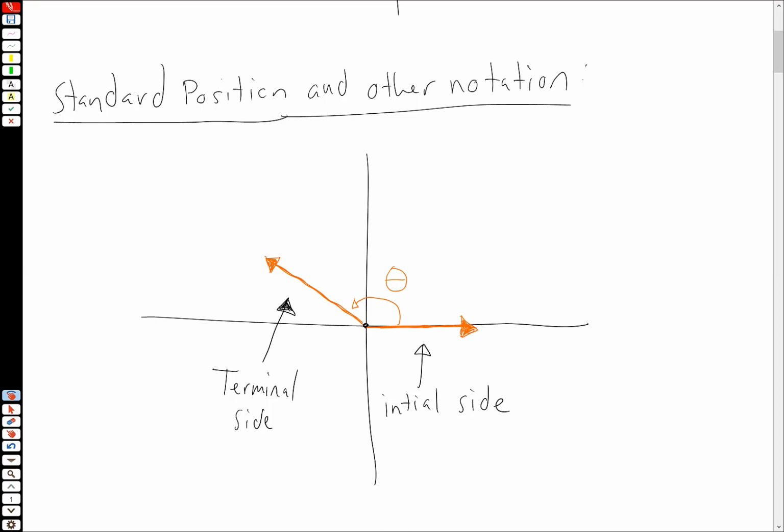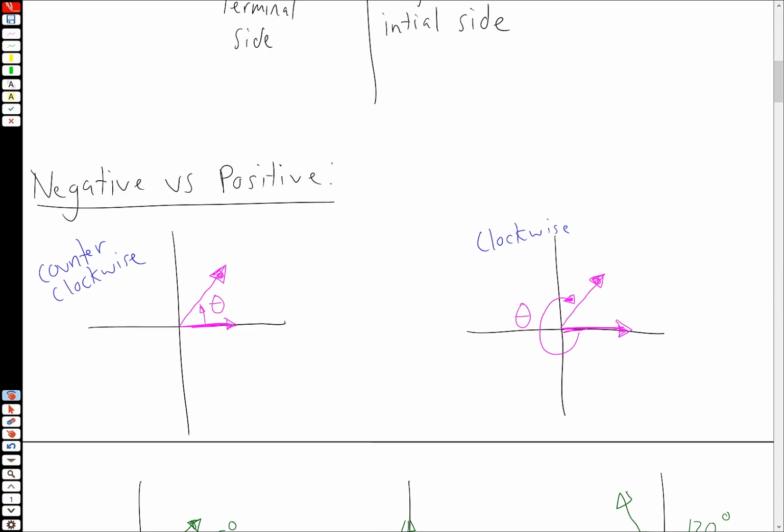Okay. Now, normally for angles, theta is common. We might use other Greek letters though. Alpha is common, beta is common. Usually we're going to be using theta though for the most part. Now, the standard convention for angles is the following.